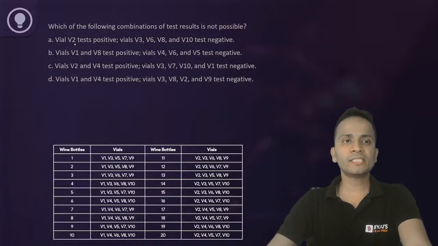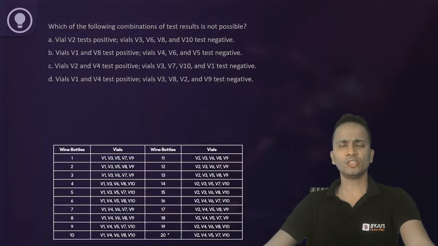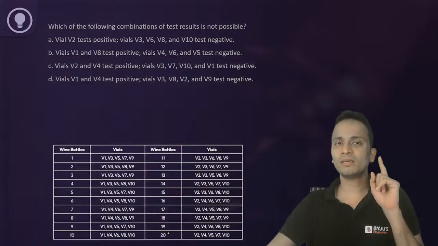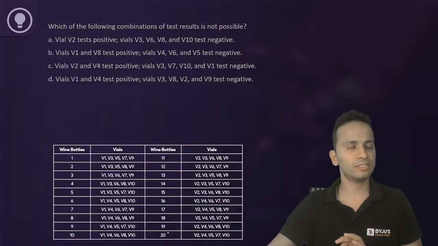While 2 test positive, so while 2 is positive, that means poison is there in bottle number 11 up till bottle number 20. Okay, so after checking each of these options, the result should be one bottle has the poison. ठीक है?